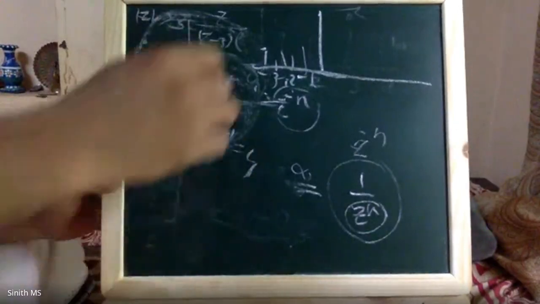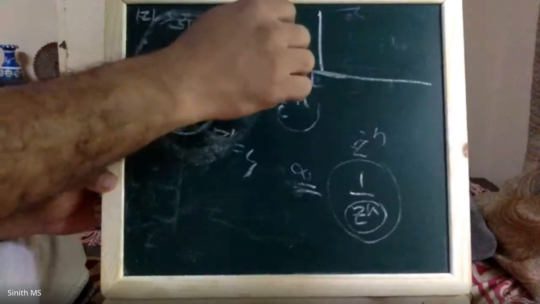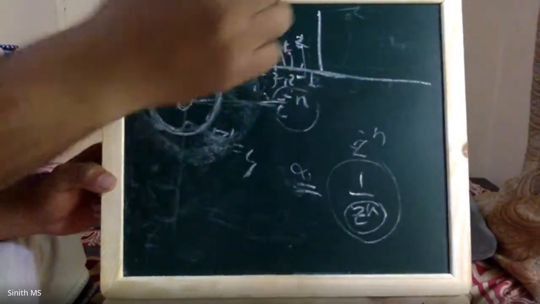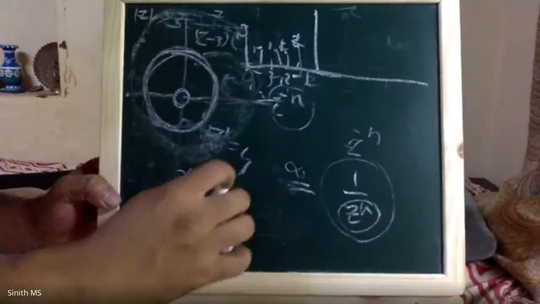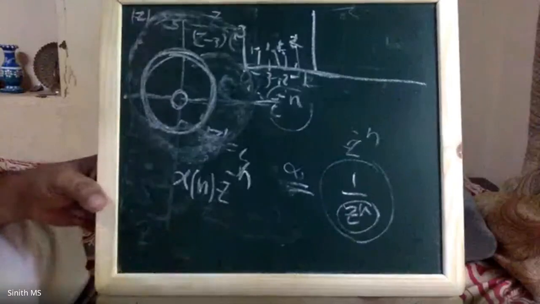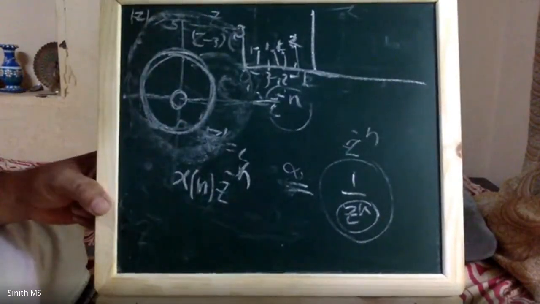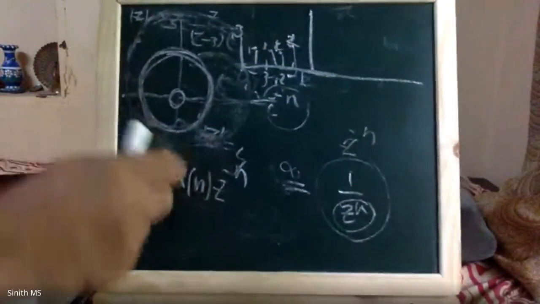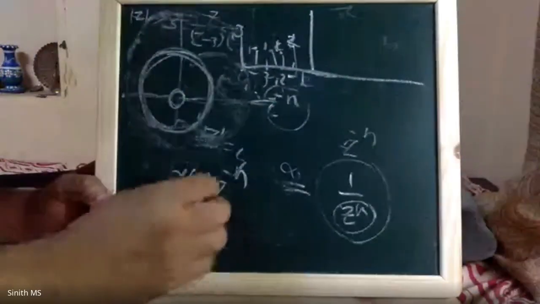Okay. Suppose this is a left-handed signal, with values 1, 2, 1. If you take the Z transform, x[n] z raised to minus n, for a left-handed signal, what will happen?